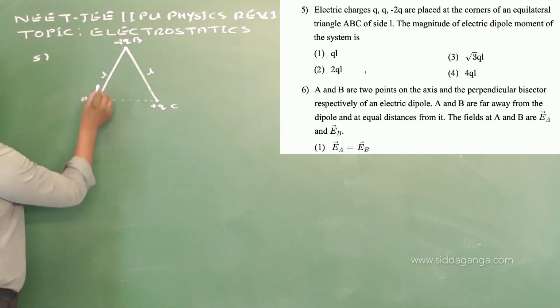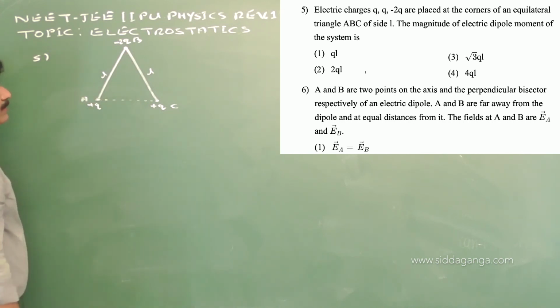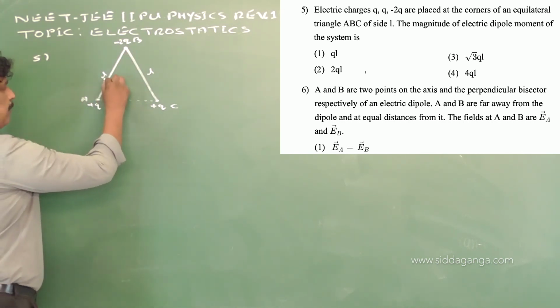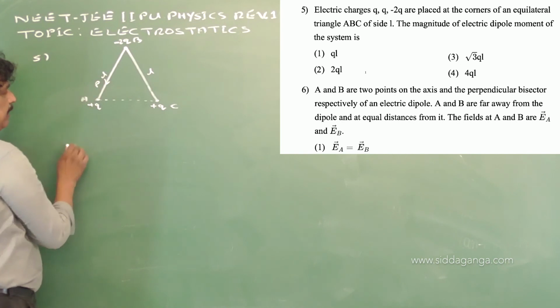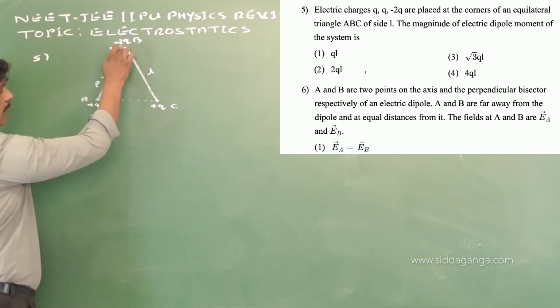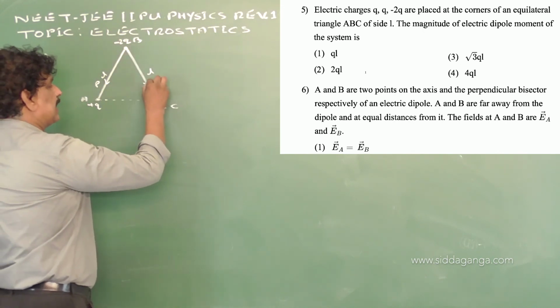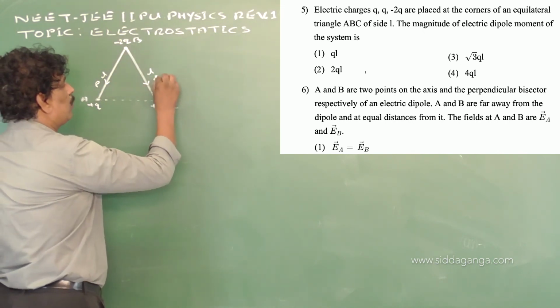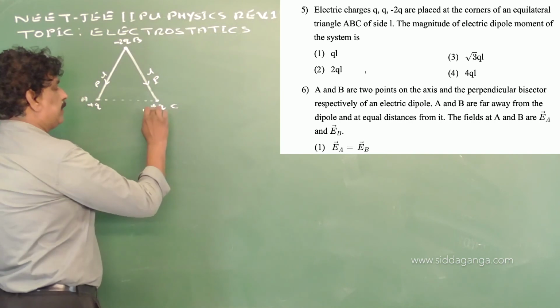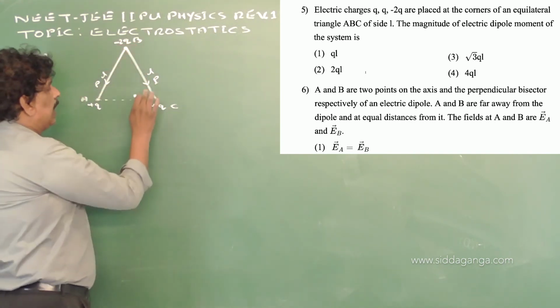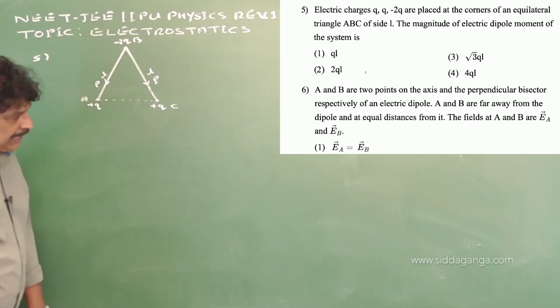Now here AB acts as a dipole of dipole moment P with plus Q minus Q, and CB acts as a second dipole of dipole moment P with plus Q minus Q, and both P is equal to QL.